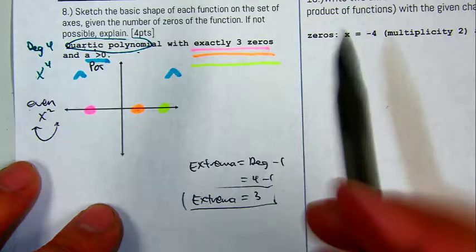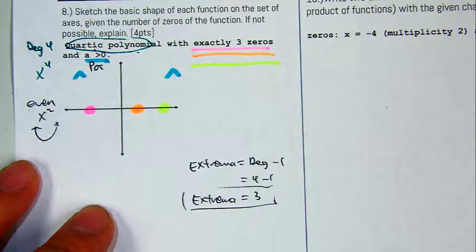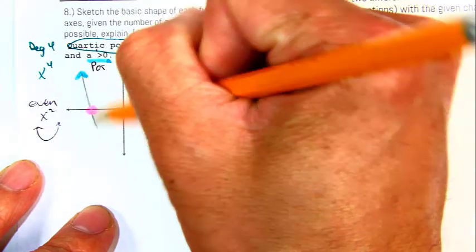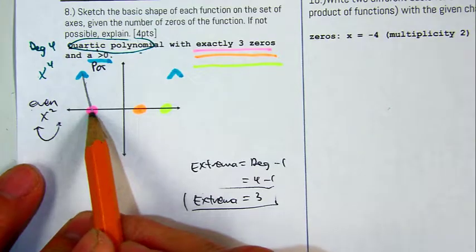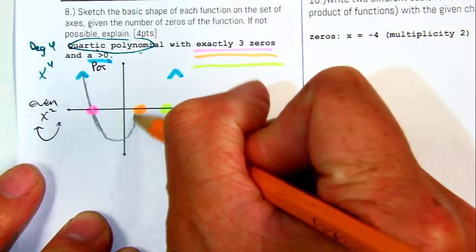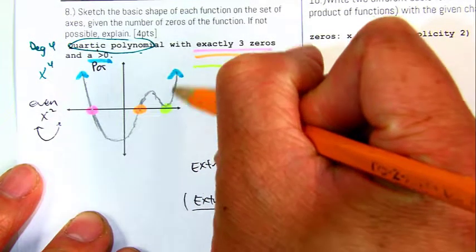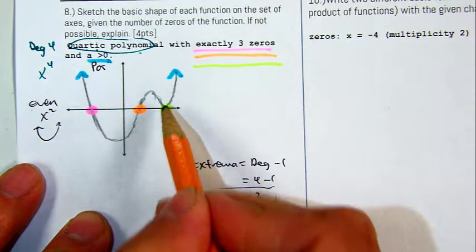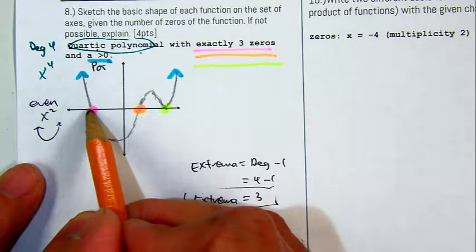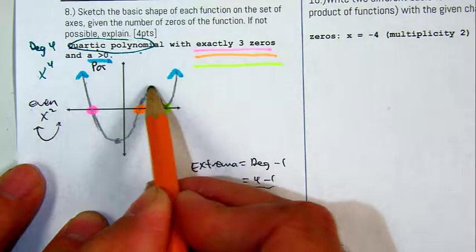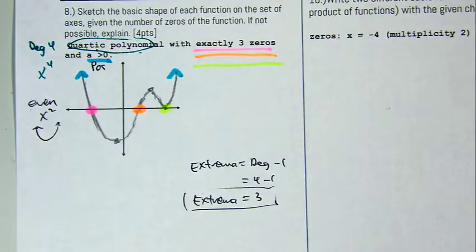So let's go ahead and sketch this. Use my pencil just in case I make a mistake. So that's what we called in class. There's a shoot through. That's 1 zero. There's 2 and 3. This one counts as 2 because there's a bounce. So 1 plus 1 is 2. 2 plus 2 is 4. So there's 1 extrema, 2 extrema, and 3 extrema. That's what our graph looks like.